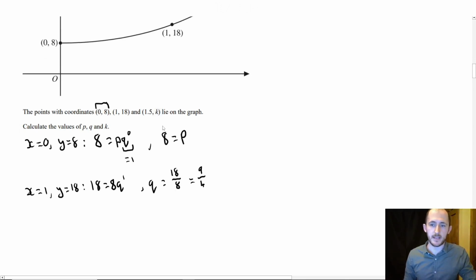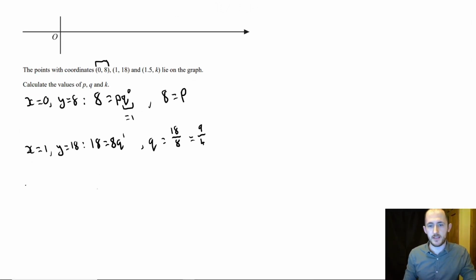And then finding out what k is, what they're basically asking me is x is equal to 1.5. What does y equal? Well, y would equal 8 times q, which is 9 over 4, I'm going to put it in brackets, to the power of 1.5.